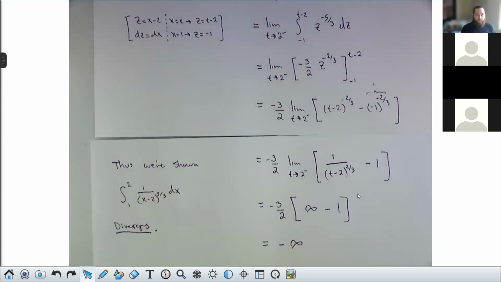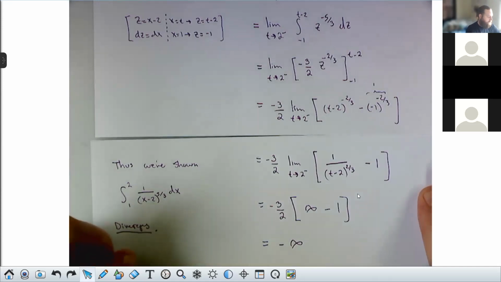And I shared with you last time a very important fact about improper integrals. If any part of an improper integral diverges, then the whole improper integral diverges. We'll just restate that.